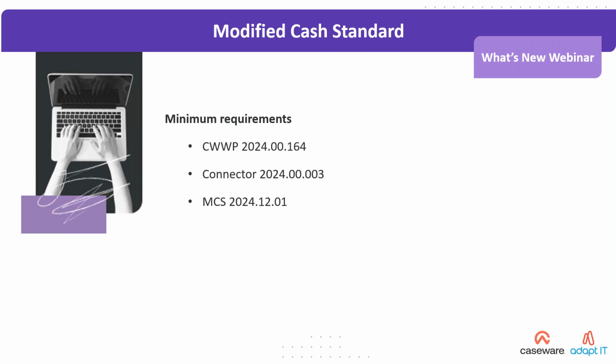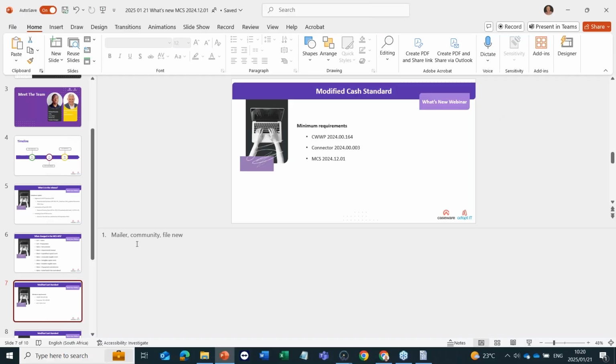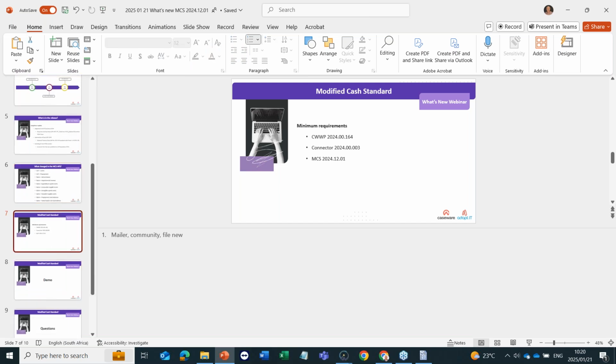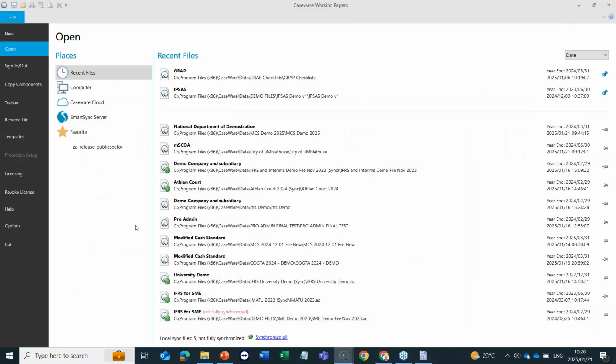Those are the three things you need to select when you install the software from that installation file. If you want to get the latest template, you need to install all three of them, because the latest template needs Caseware Working Papers 2024.